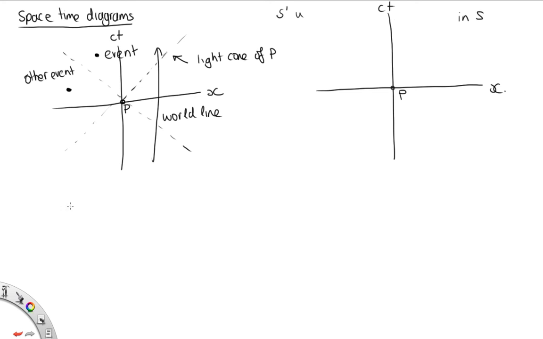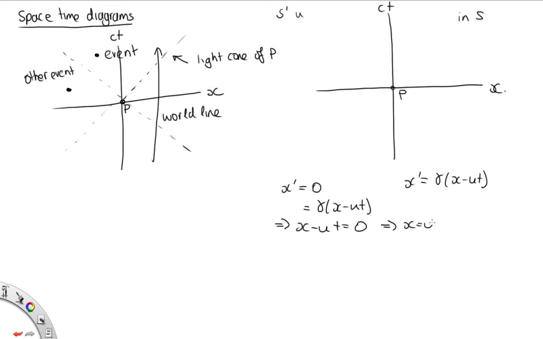Well, in S dash, the axes will be when x dash is equal to 0, because the axes are always when x is 0. And so this we know from our Lorentz transforms that x prime is equal to gamma times x minus ut, which tells us that x minus ut is equal to 0.